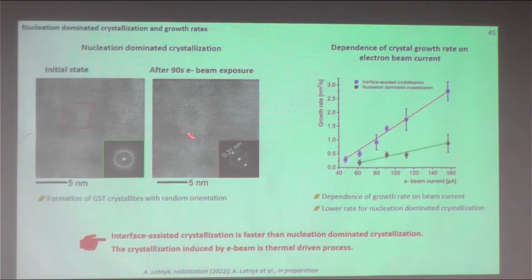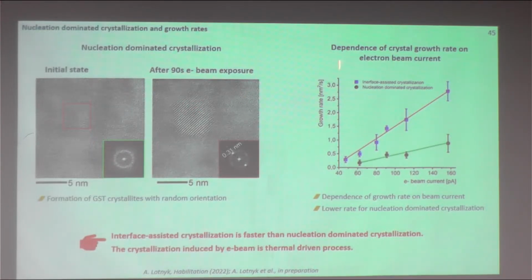But the crystallization here takes a longer time because we have no interface, no template, and it requires around 90 seconds. In the previous case, we can crystallize the same volume using 30 seconds.